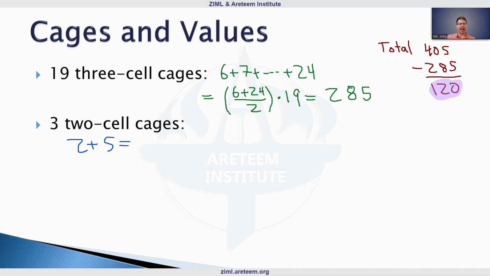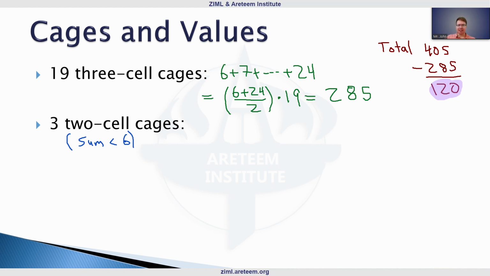So these have to have a sum of less than 6. What's the maximum you could get with 2 cells? Well, the maximum you could get is 17. So in fact, sum less than 6. Well, we could get 5. We could get 4. 3 is already 1 plus 2.